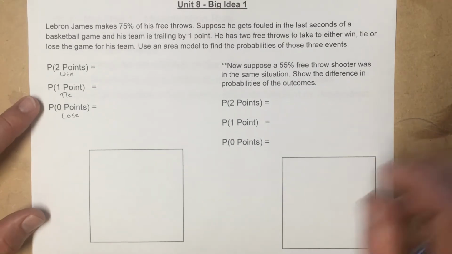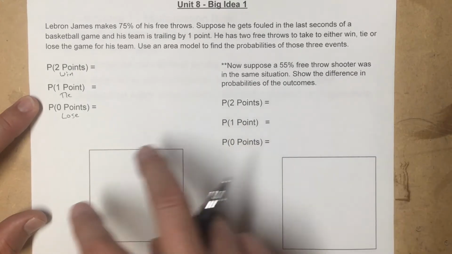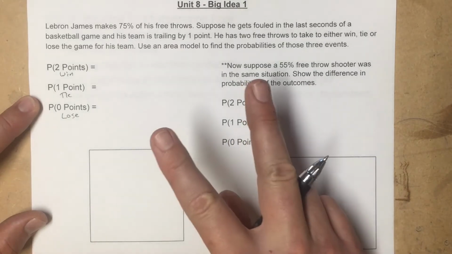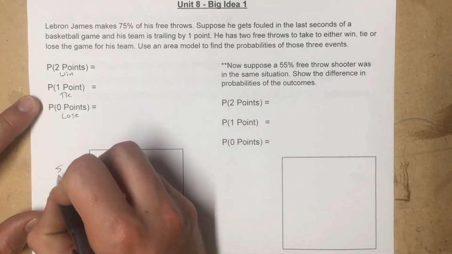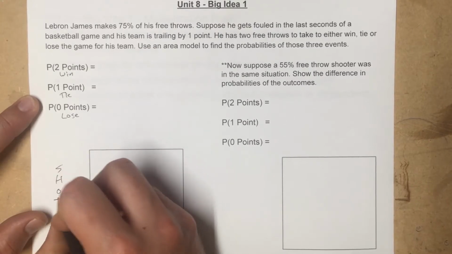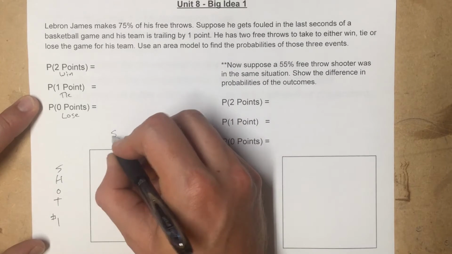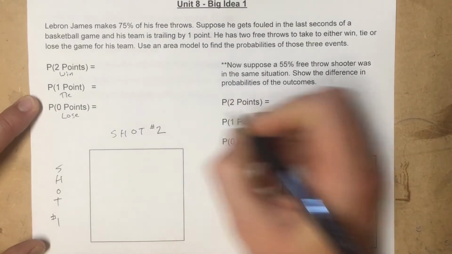Okay. So when we do an area model, we use two of the edges to represent the two events. And the two events in this case are the two free throw shots that he's going to take. So on one axis, I'm going to have shot number 1. And on the other axis, I'm going to have shot number 2.